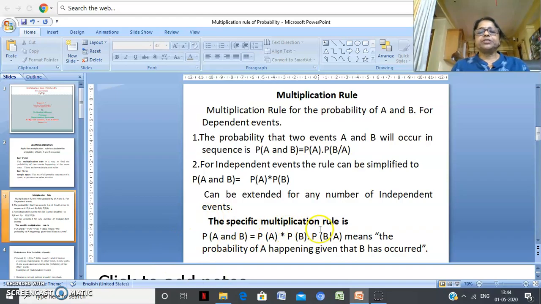The specific multiplication rule is P(A and B) equals P(A) multiplied by P(B). The general rule is P(A and B) equals P(A) multiplied by P(B|A), which means the probability of B happening given that A has occurred.